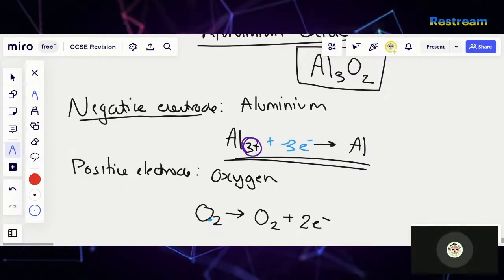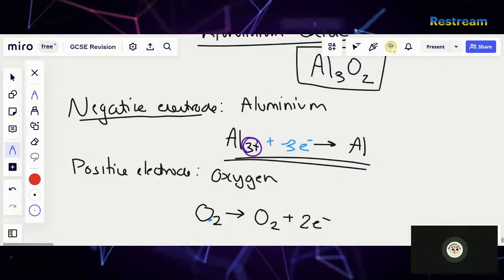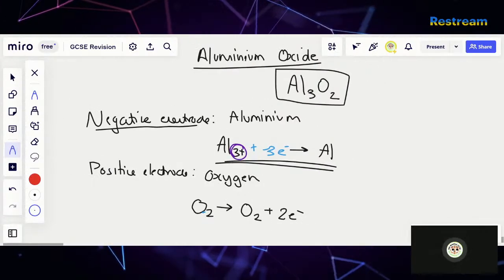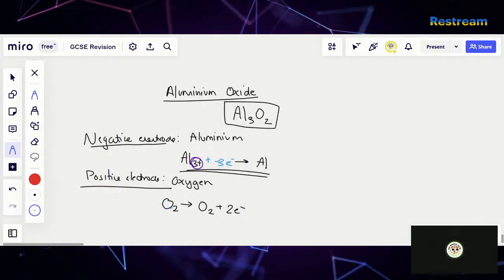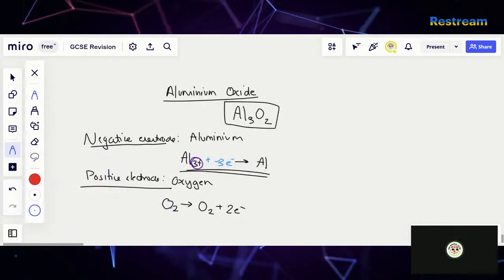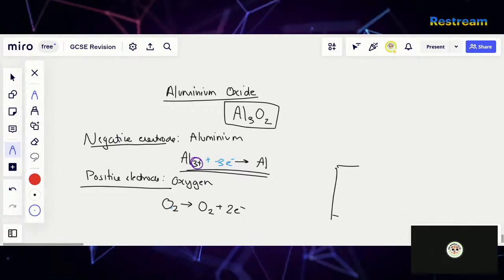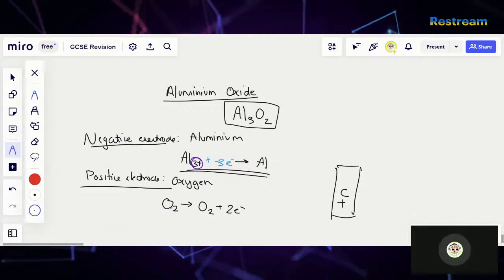Now, this is what we call oxidation, because it's reacting with oxygen. The electrode is carbon. So another question that may be asked is, why should carbon electrodes not be used? Specifically carbon positive electrodes.